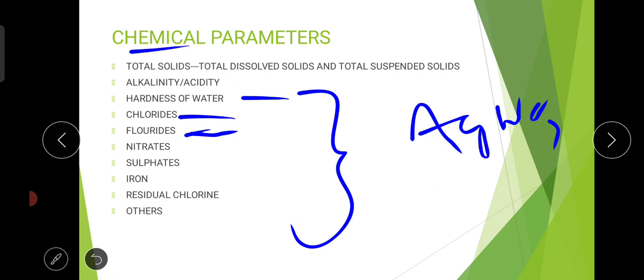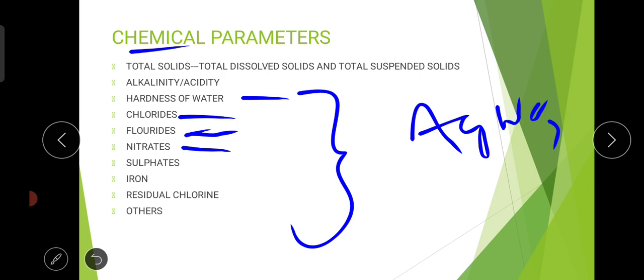If fluorides are taken in more amount along with the water, then the calcium is replaced by fluorine, and if fluorine replaces the calcium, then our bones become brittle and easily broken down, so it may lead to a crippled nature.